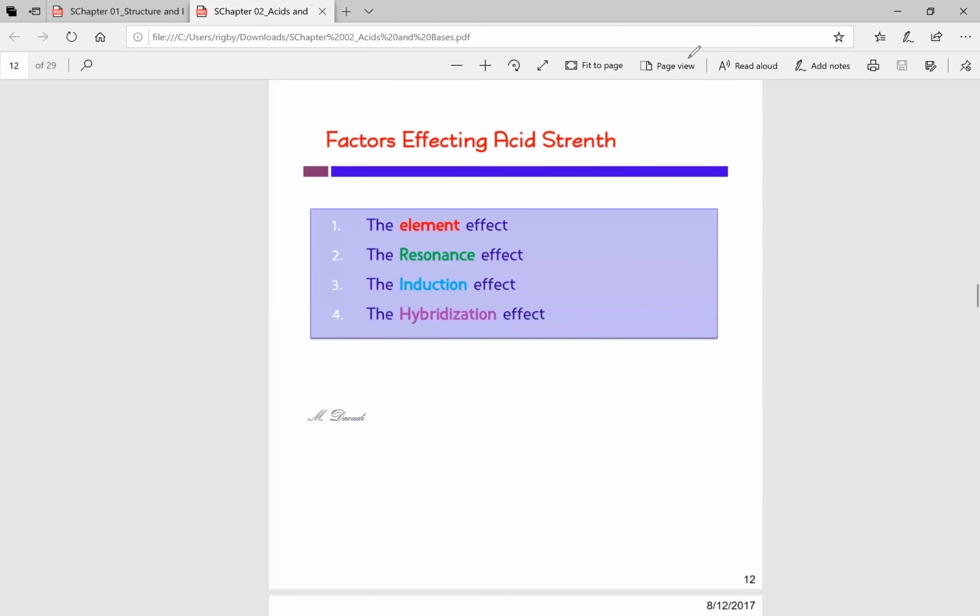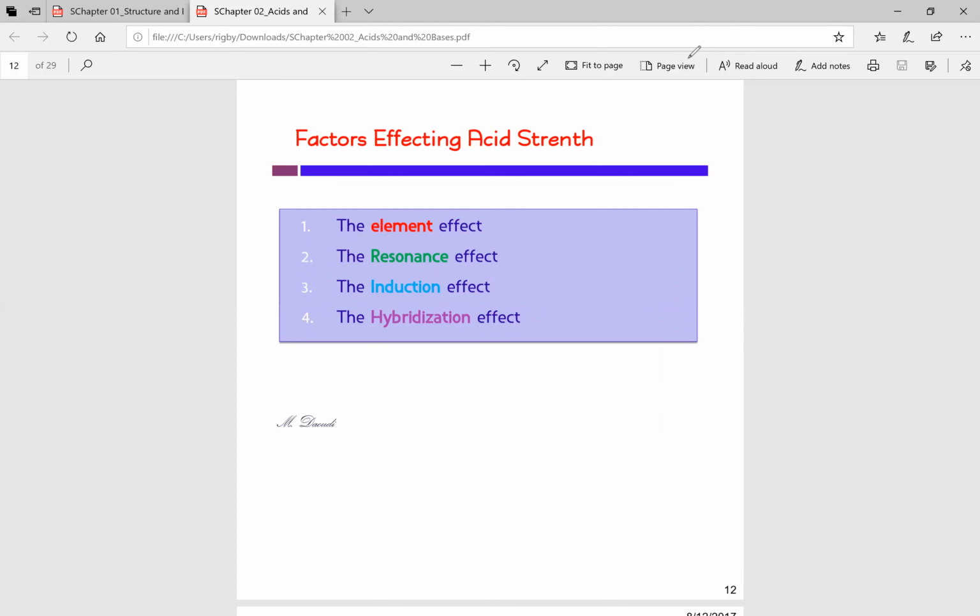So we have 4 factors that really affect acid strength: the element effect, the resonance effect, the induction effect, and the hybridization effect. A lot of the time, you'll see people using the acronym ARIO, where A equals atom, R equals resonance, I equals induction, and then O equals orbitals.